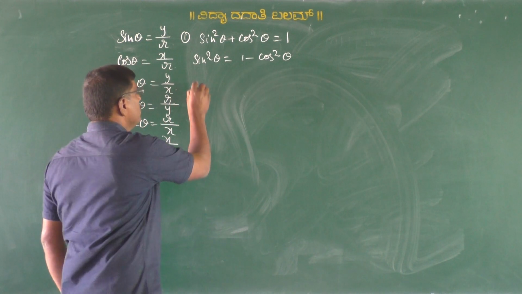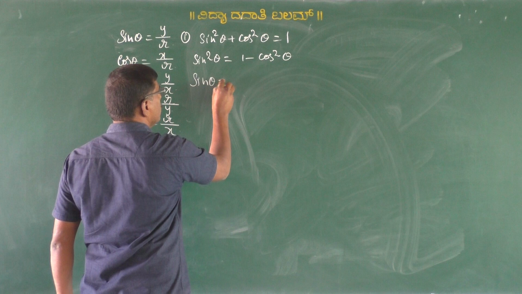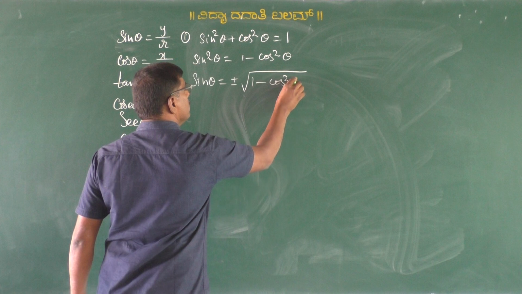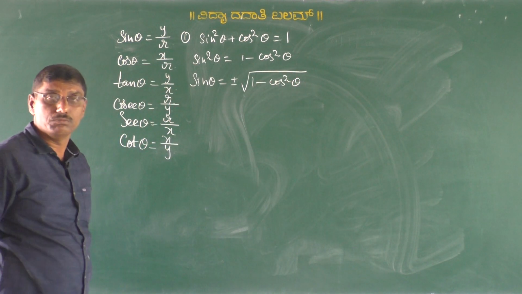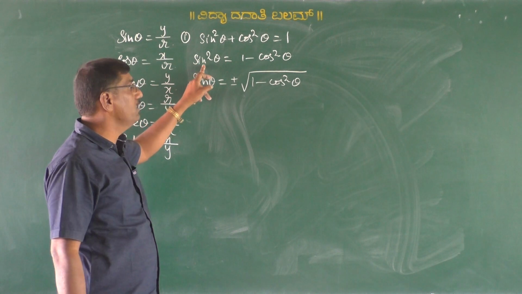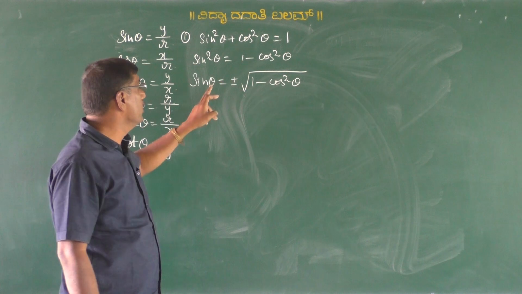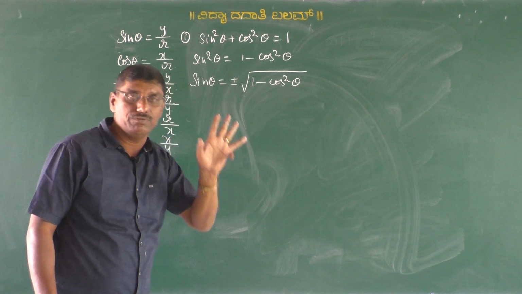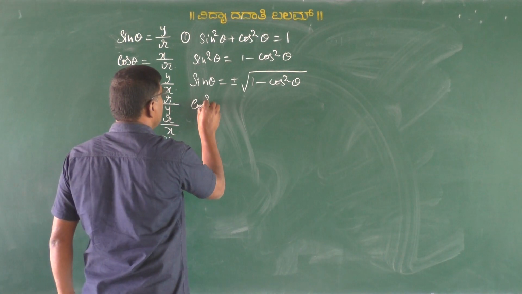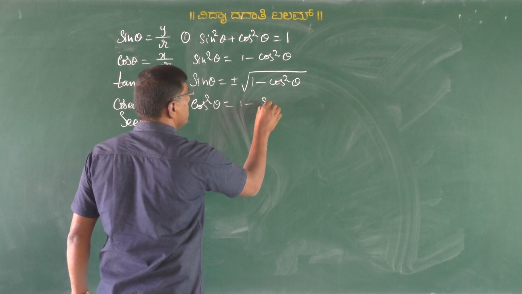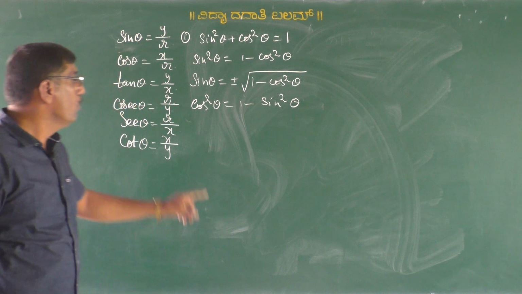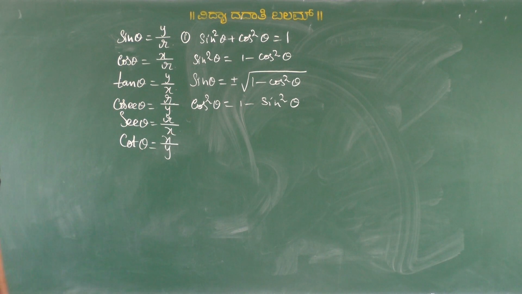From this, sin theta can be written as plus or minus root of 1 minus cos square theta. This is another formula. By using the identity formula, we can express sin in terms of cos. Similarly, we can write cos square theta is equal to 1 minus sin square theta.